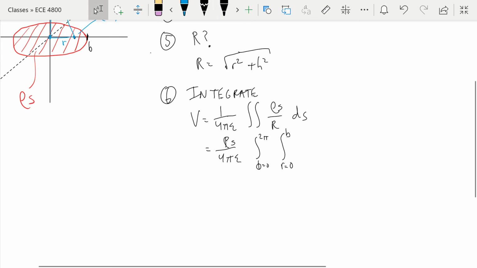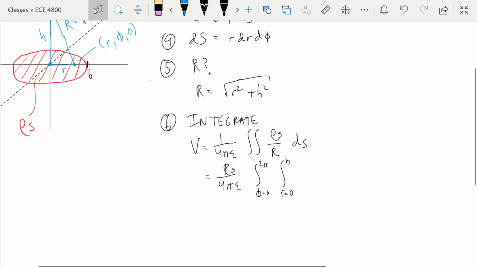And we determined what r is. So we have 1 over r here that we need to put. r is equal to the square root of r squared plus h squared. And then ds we found is r dr d phi.